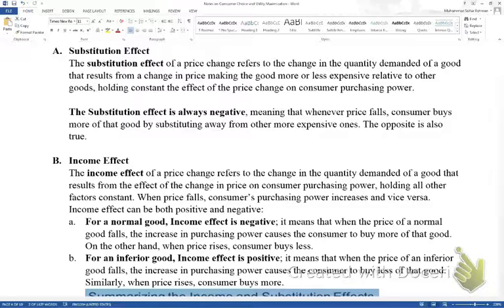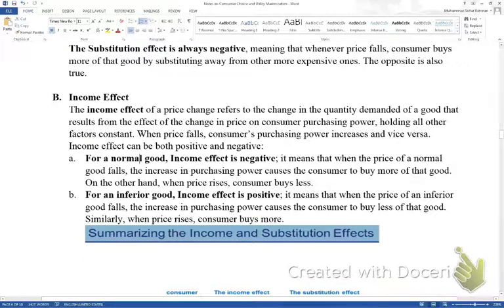Now, the income effect is interesting in a sense that it can be both positive and negative. For a normal good, the income effect is negative. So what is a normal good? A normal good is a good for which, as your income increases, you buy more of that good.